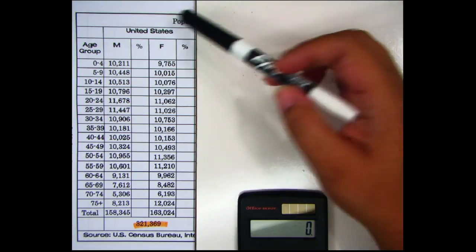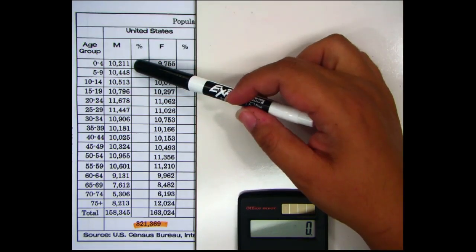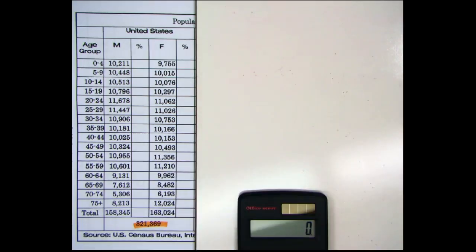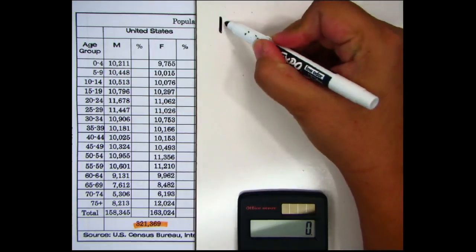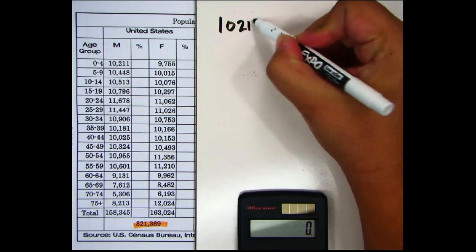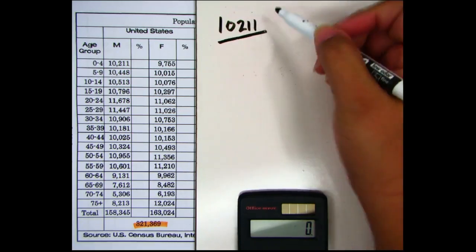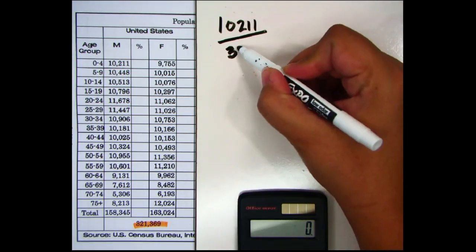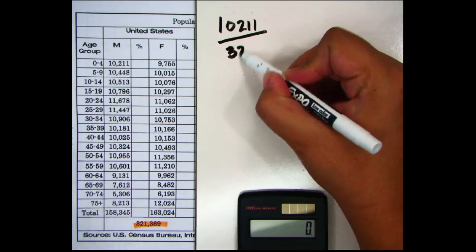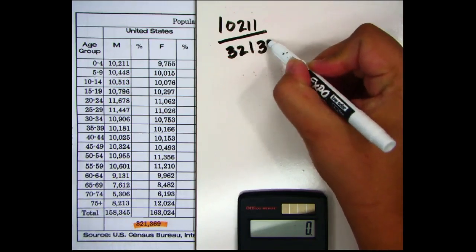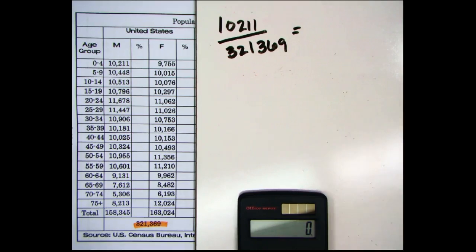So going over here, I'm going to take the top number for the first age bracket I'm looking at, which in this case would be 10,211. I'm going to divide it by the total population that was down here on the bottom, which is 321,369. And I'm going to put that into my calculator right now.